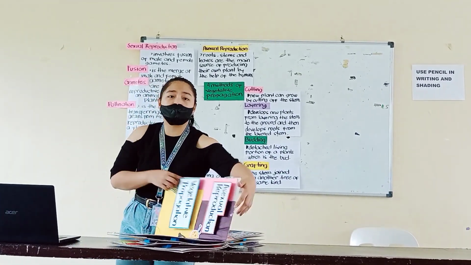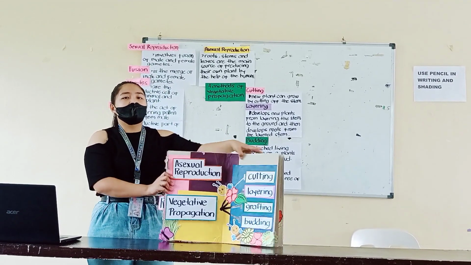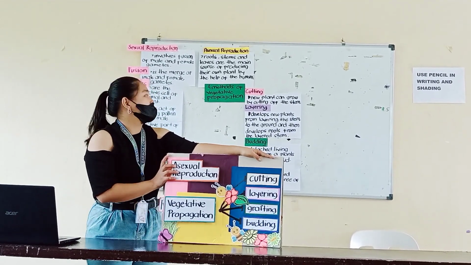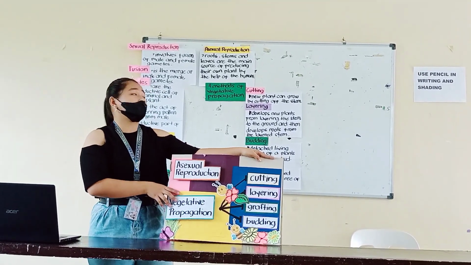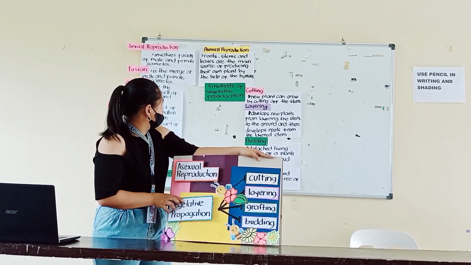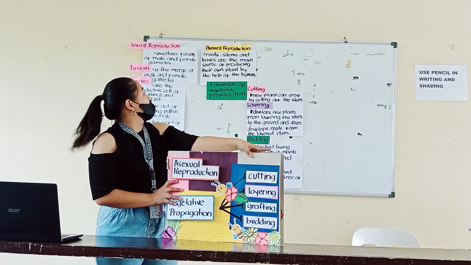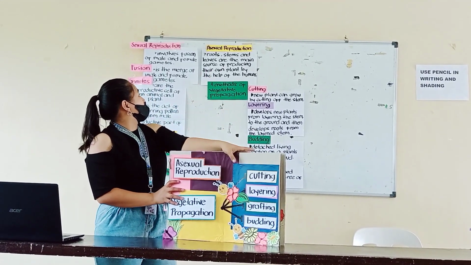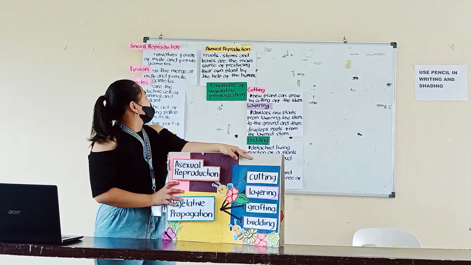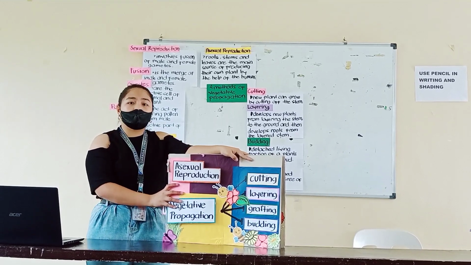Let's proceed to asexual reproduction, or vegetative propagation, which has four methods. In asexual reproduction, roots, stems, and leaves are the main source of producing their own plant with the help of humans.